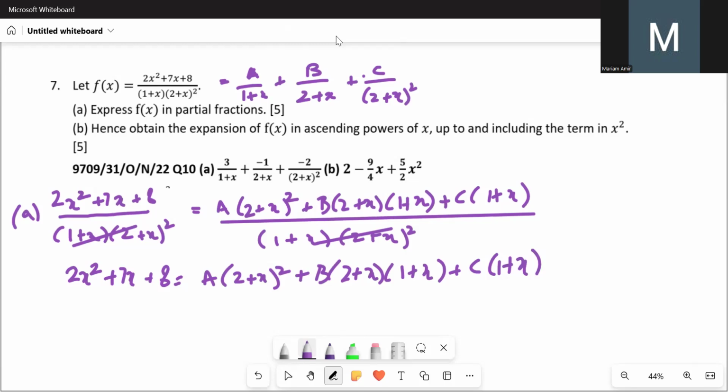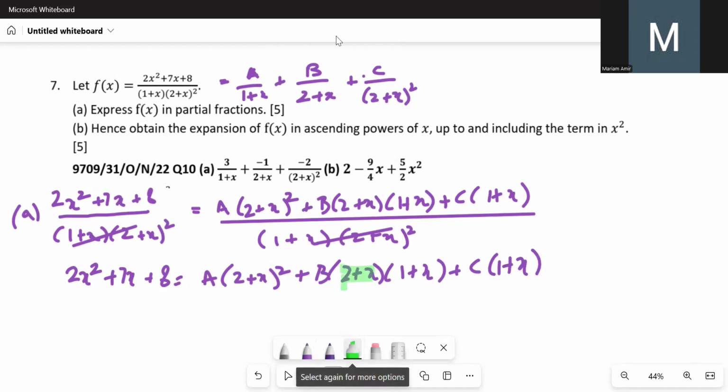Now, if I want to make this 0 and this 0, I'll have to replace x with -2. When x is -2, this becomes 0 and this becomes 0, and we should be able to get the value of c, because a and b get eliminated as they are multiplied with 0.